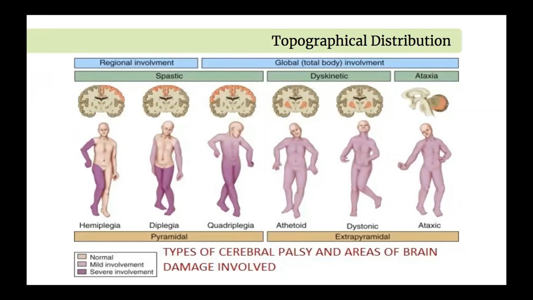So usually when we describe CP, we will say this child has spastic quadriplegic CP with GMFCS level 5, MACS level 4, CFCS level 3. That's how you describe a patient with CP. That is a better way so that we know how the child is functioning and how the child is performing in their daily activities.